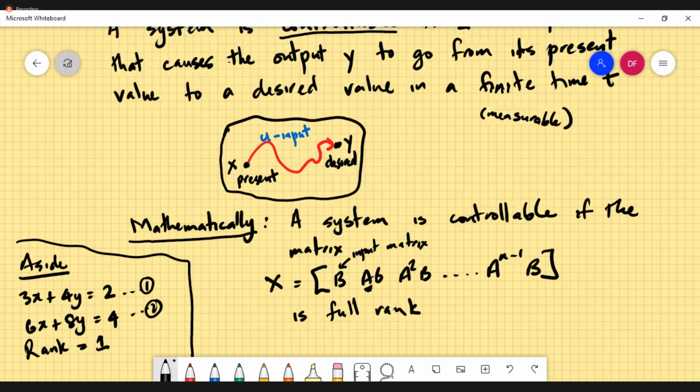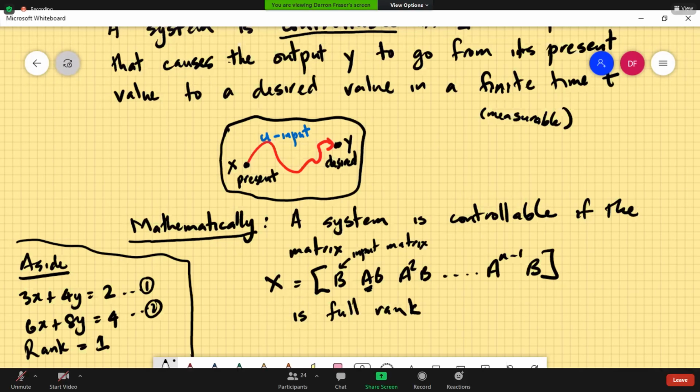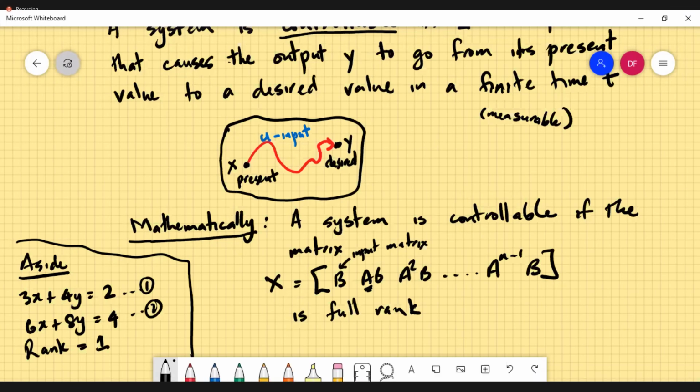So one of the things we are looking at is that when you take the matrix and the system and put them together, we must be able to solve that equation, because we are still looking for a u that will carry us from point A to point B. The output that we want, y, is dependent on x1 and x2.